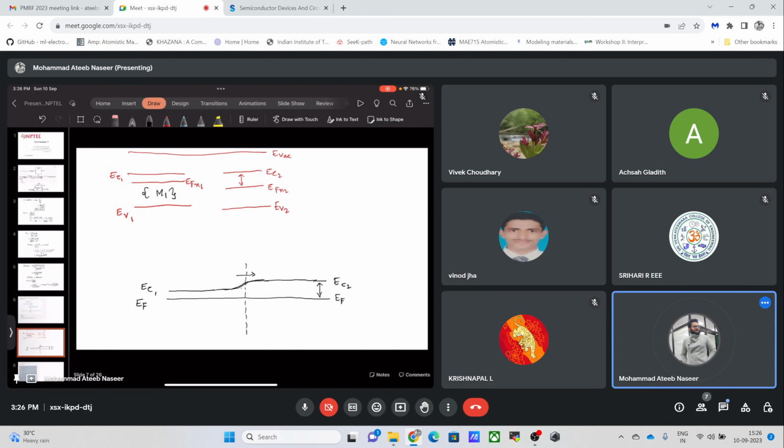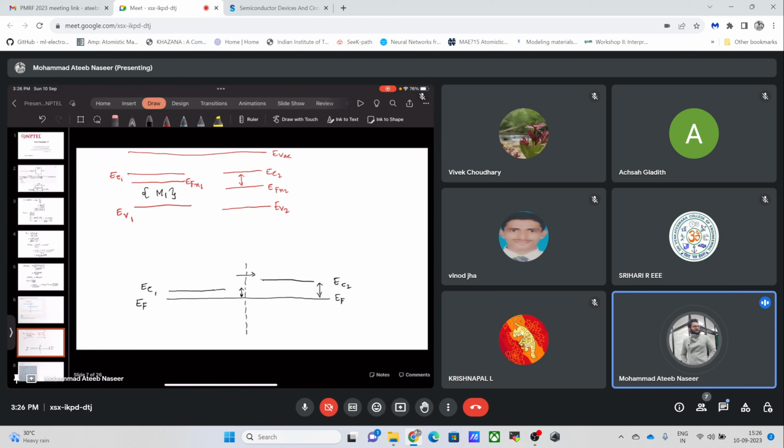This will result in this material having a farther or larger gap near the interface, because it has transferred more electrons, so the interface will have fewer electrons as compared to the bulk of this material. Similar is the case with this one, although I have not drawn it to scale. Let me draw it again.